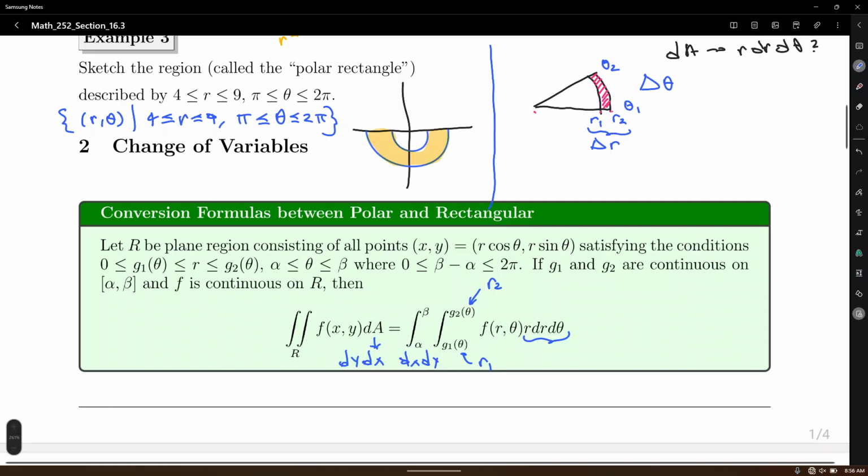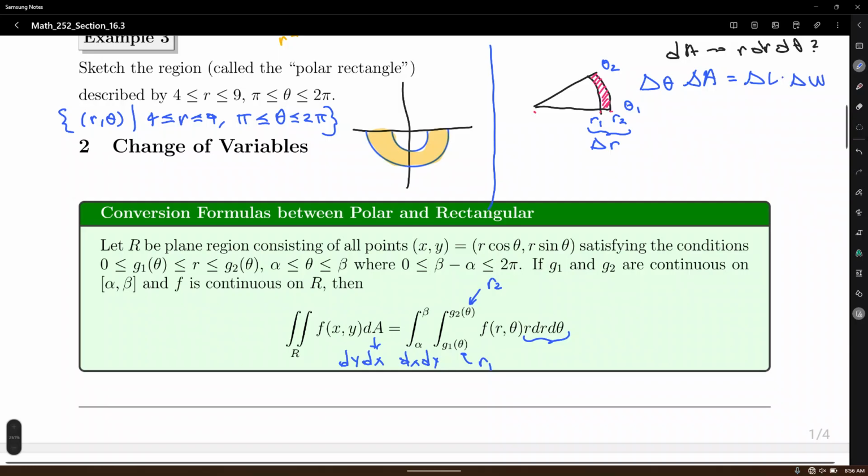I mean, it's length times width, right? But that doesn't look like a length, and that doesn't look like a width. That's why we call it a polar rectangle, because it's like a rectangle. It's twisted and circular because of the angle, because of the radii. But it's still length times width. So delta area is equal to the delta length times the delta width.